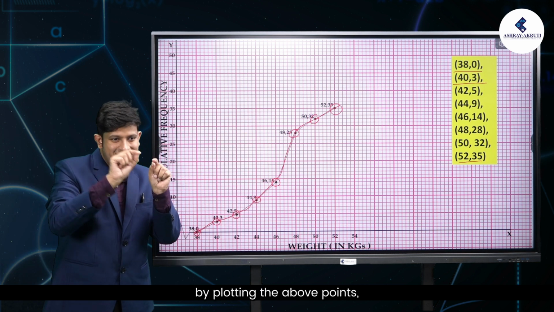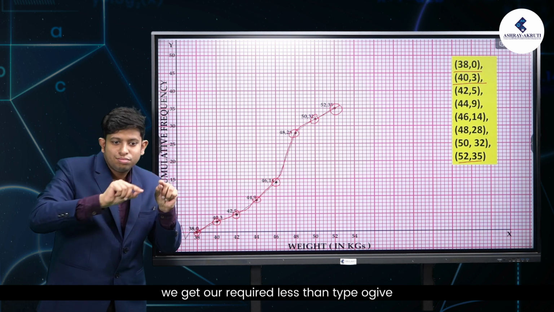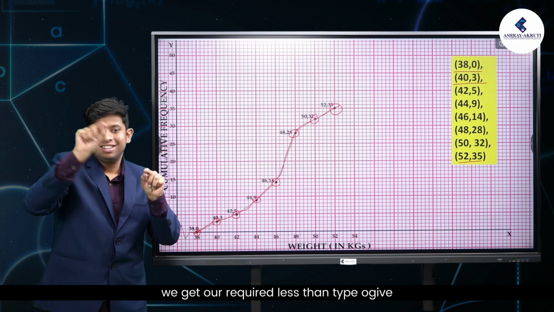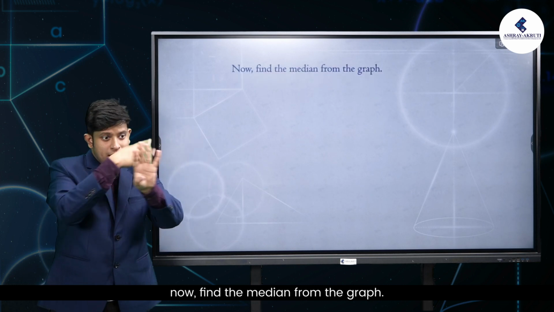By plotting the above points, we get our required less than type ogive. Now find the median from the graph.